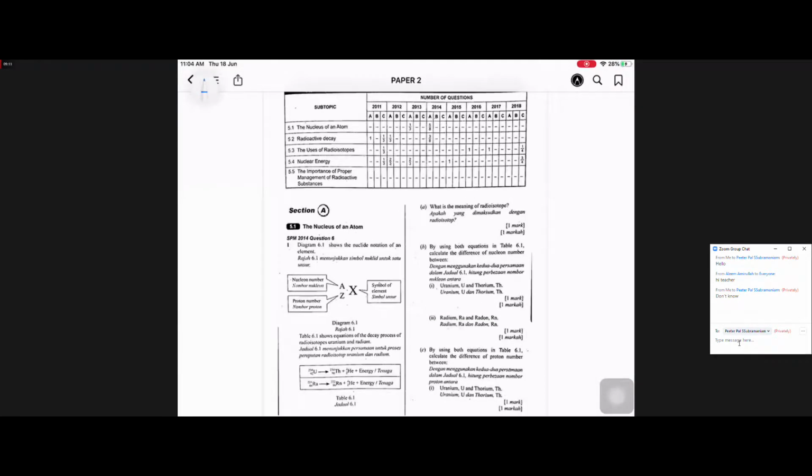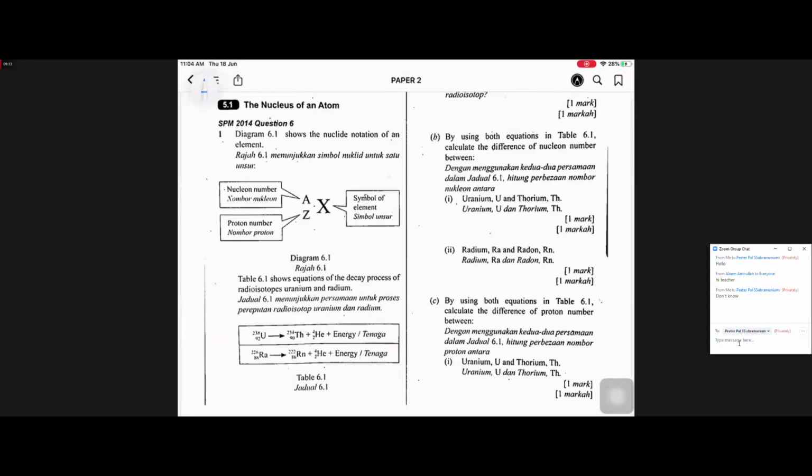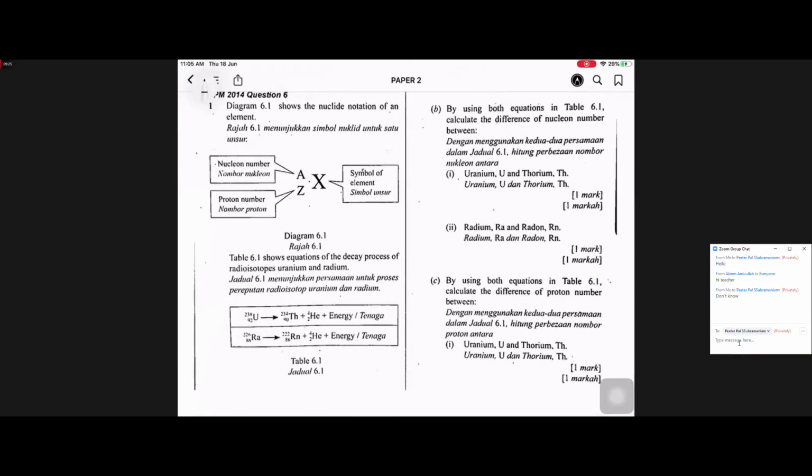Diagram shows the nuclide notation of an element. A is the nucleon number, Z is the proton number, X is the symbol of the element.